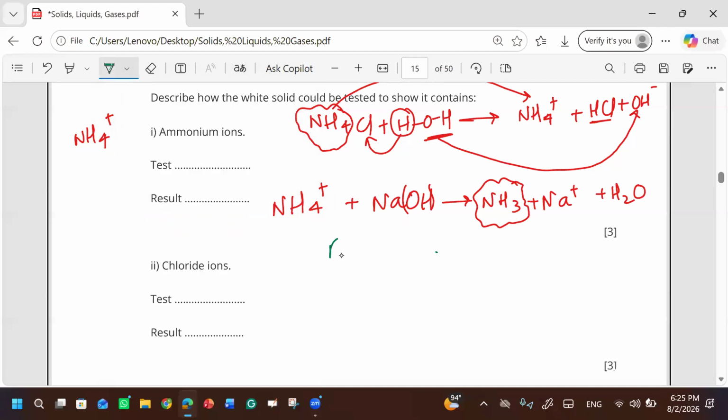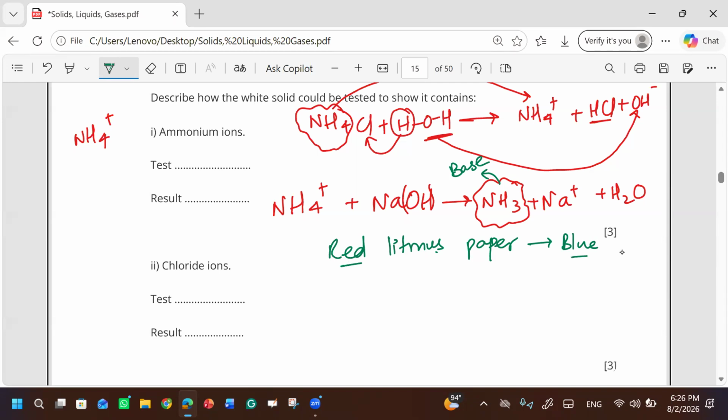Ammonia is a base. Whenever you have a base and you add red litmus paper to it, the red litmus paper converts into blue.